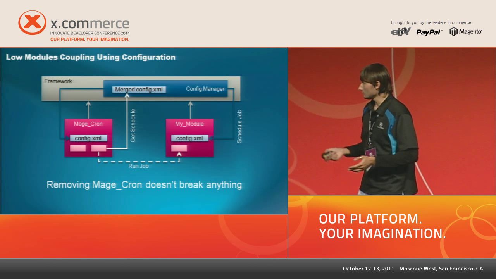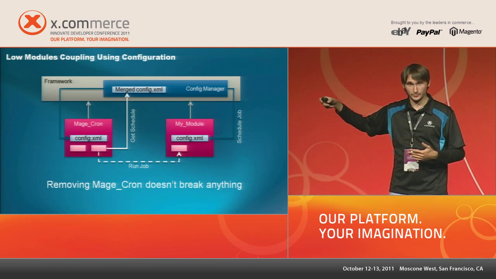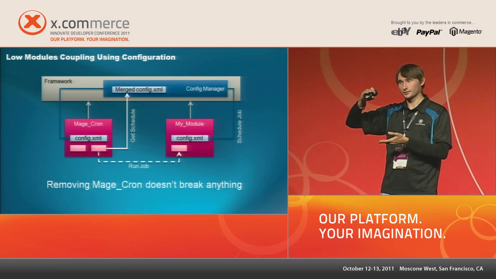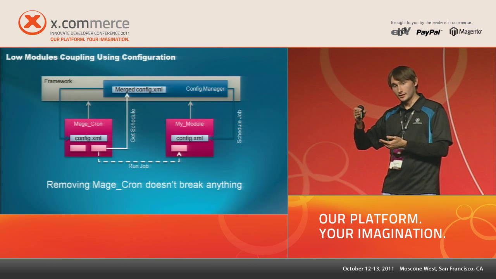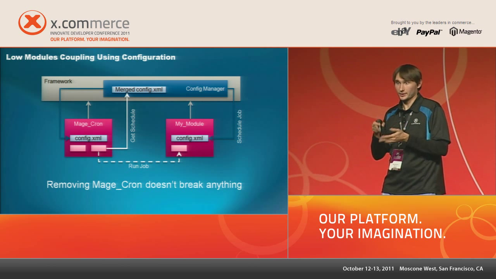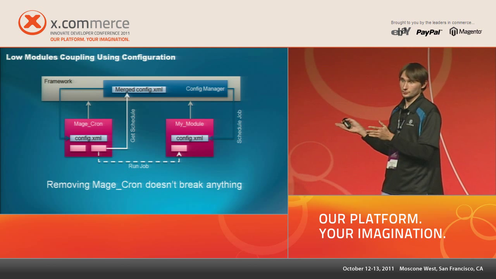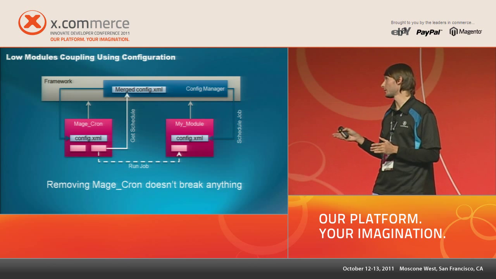Then any module, like for example our module, to use this feature of job scheduling, has to duplicate this node in its configuration file and declare the actual time it needs the job to be executed, and the actual job, some routine, some module, some method that should be called.